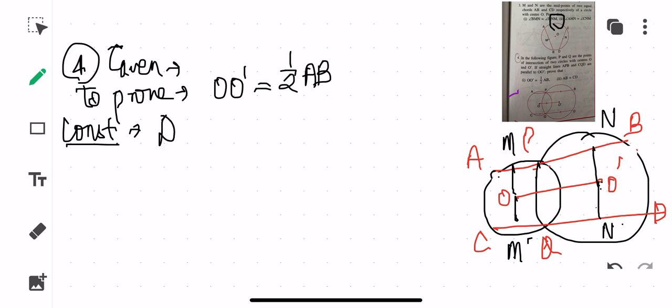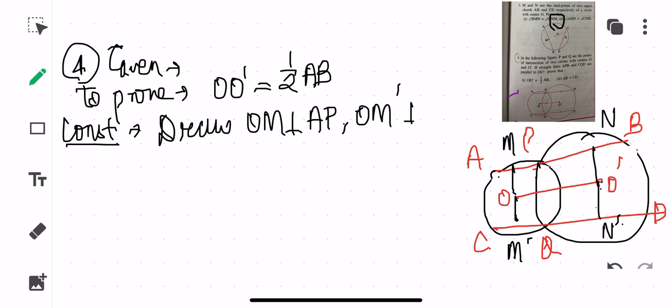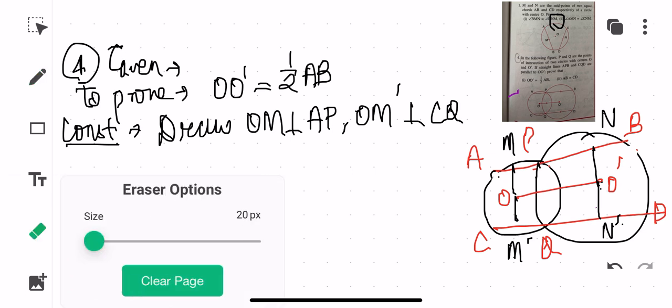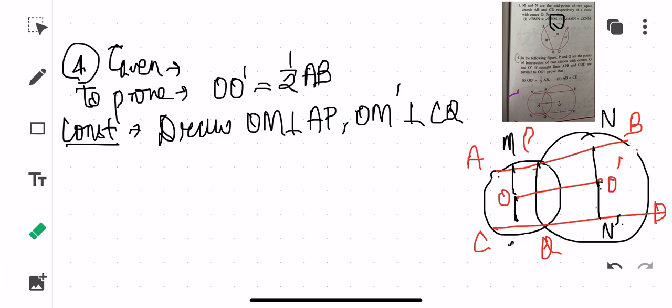Okay, so write down, draw OM perpendicular to AP. Then OM dash perpendicular to CQ. Or else what you can do, children, instead of M dash, because it will be difficult to differentiate, I'll be writing different names so that it is going to be easier for you.